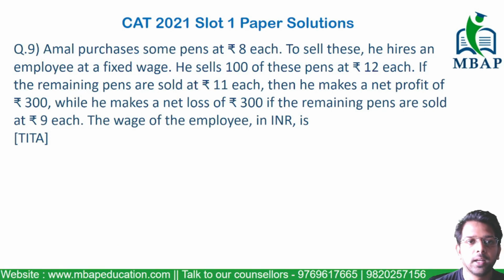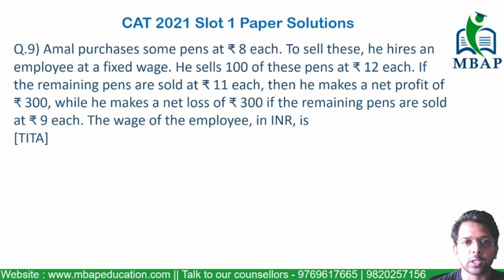The question says, Amal purchases some pens at rupees 8 each. So the cost price per pen has been given. To sell these, he hires an employee at a fixed wage or remuneration which he has to afford. He sells the first 100 of these pens at 12 rupees each.